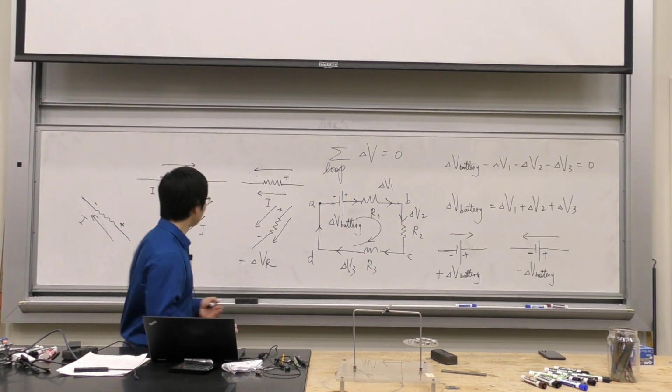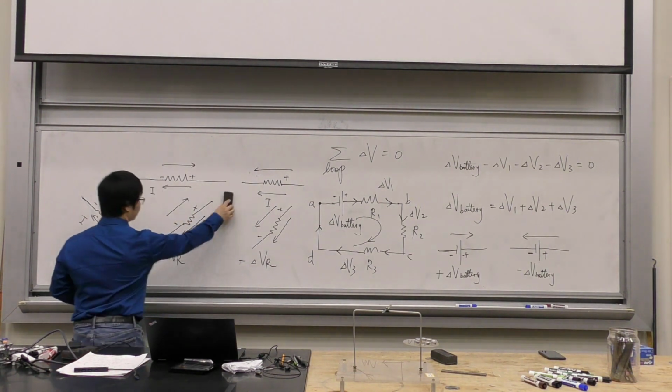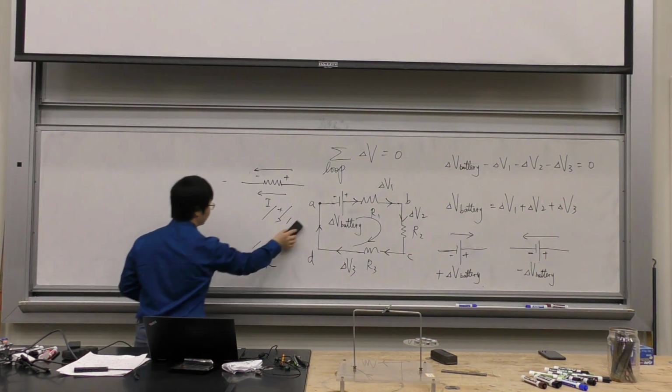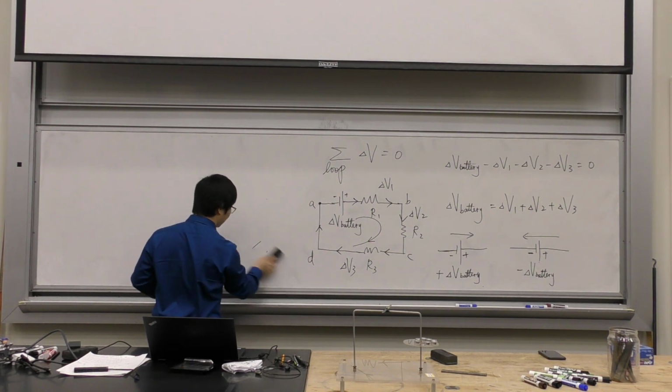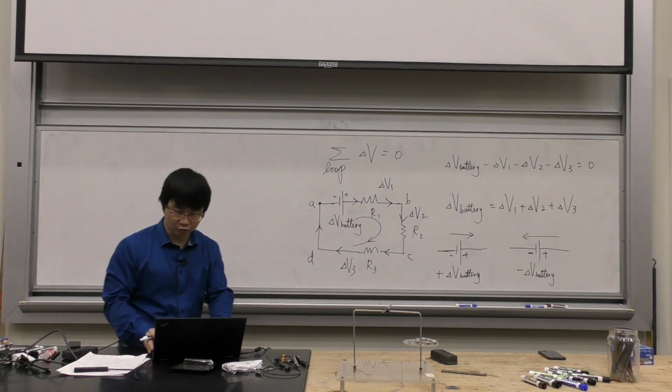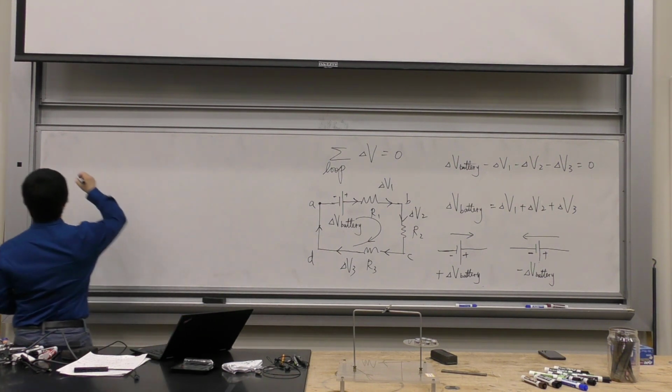So this is really a complicated circuit. So let's draw it. So we're going to use Kirchhoff's rules to find pretty much everything on this circuit, okay? So I'm going to first draw this circuit.